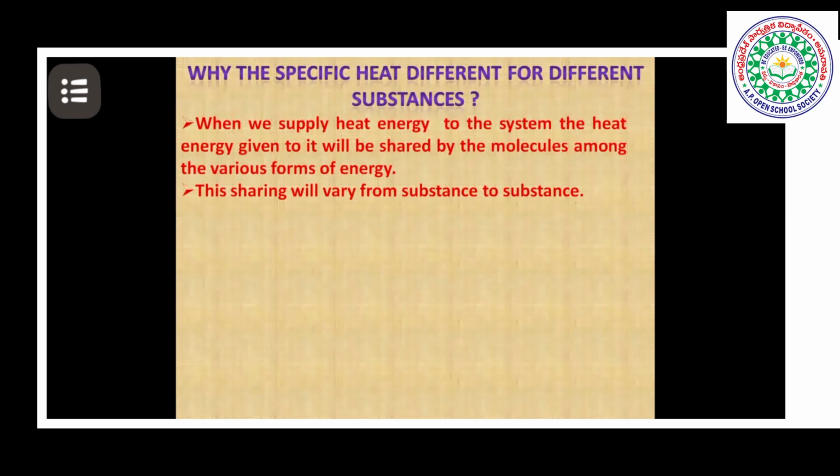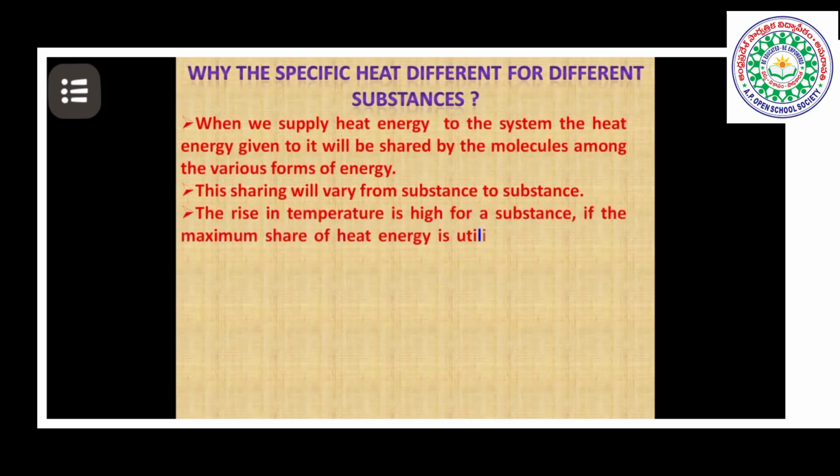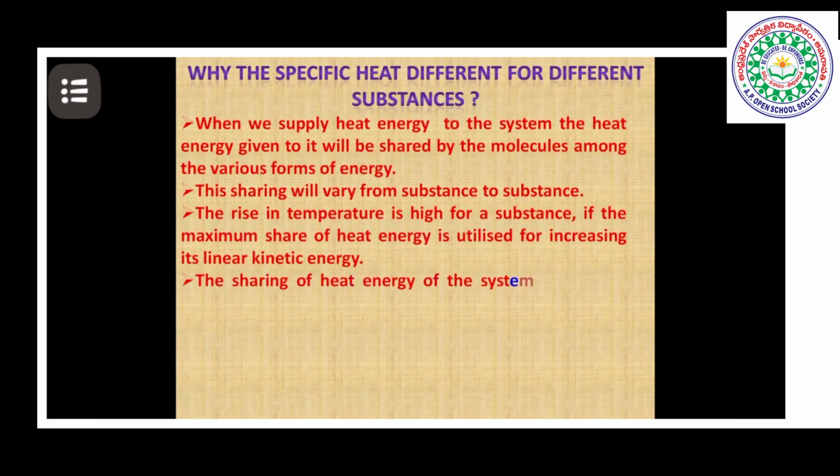The rise in temperature is high for a substance if the maximum share of heat energy is utilized for increasing its linear kinetic energy. If the supplied heat energy is utilized totally as linear kinetic energy, then such substances show more specific heat.